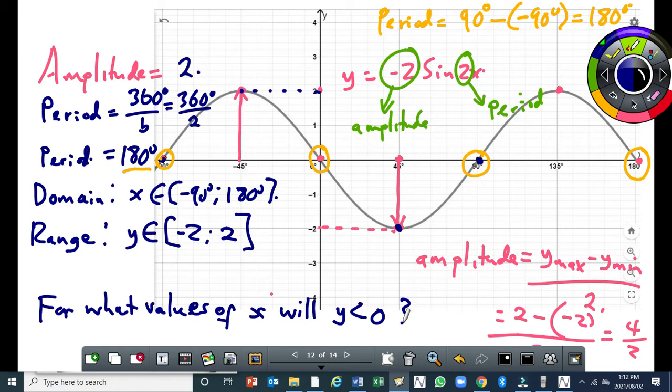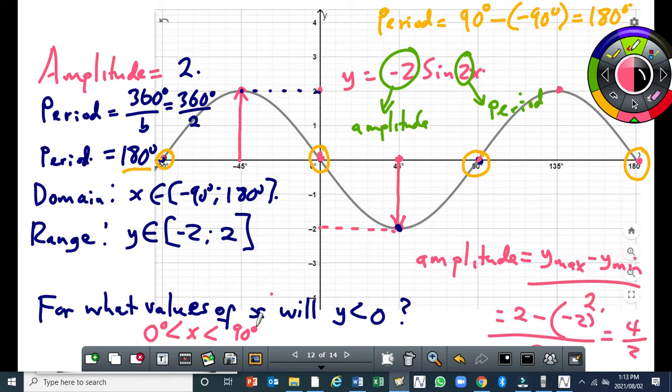So between 0 degrees and 90 degrees, the y values are below the x-axis, which means the y values are negative. So what values will satisfy that? Your answer there will be 0 degrees is less than x is less than 90 degrees.